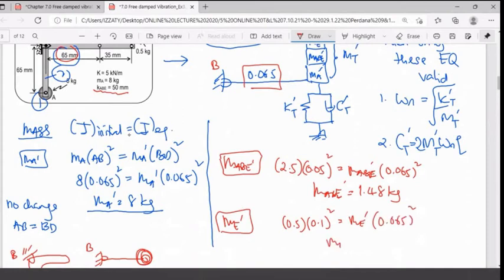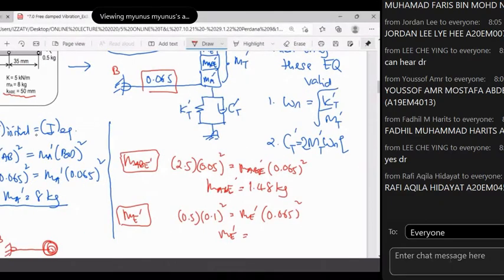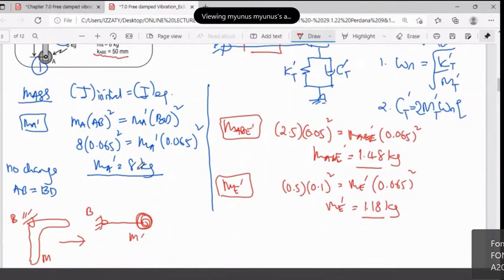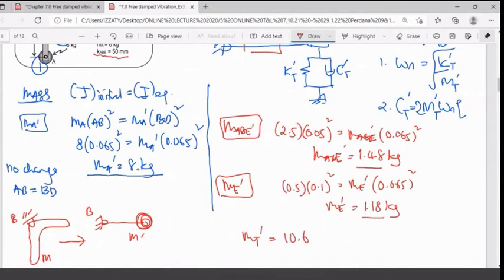So that will give you ME prime is equal to, you calculate that one, you'll be getting, inshallah, 1.18 kg here. So the total mass here will be M total prime, equal to the whole thing. If you add up all together, you get 10.66 kg.